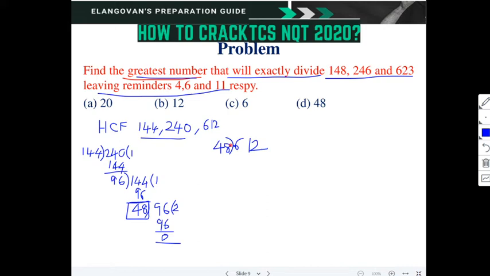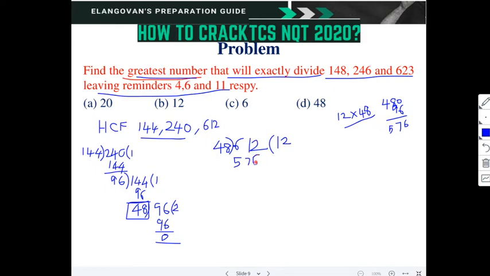Yes, 12. 12 48s, so how to find out 12 into 48? 10 48s are 480 plus 2 48s are 96. When you add these two, we will get 6, 7, 5. So 576.